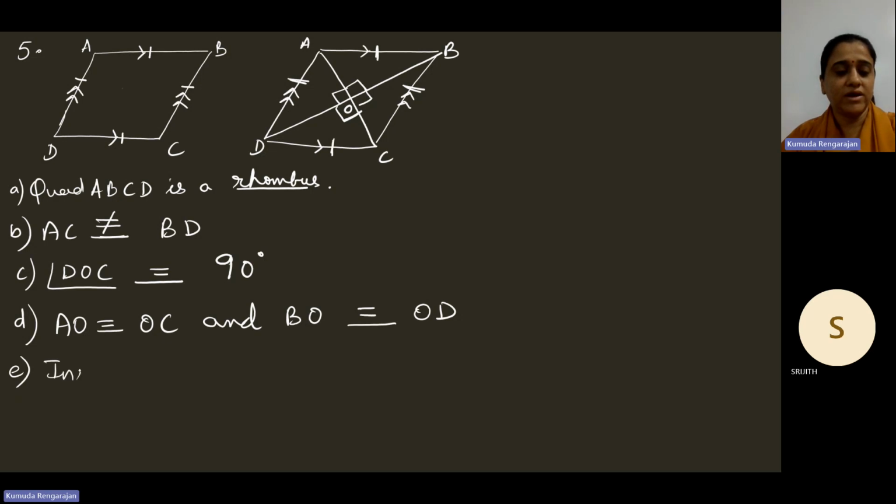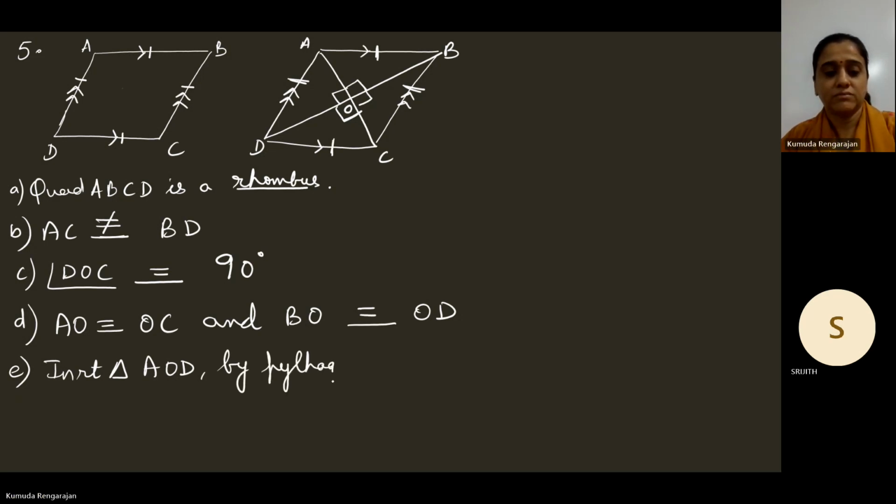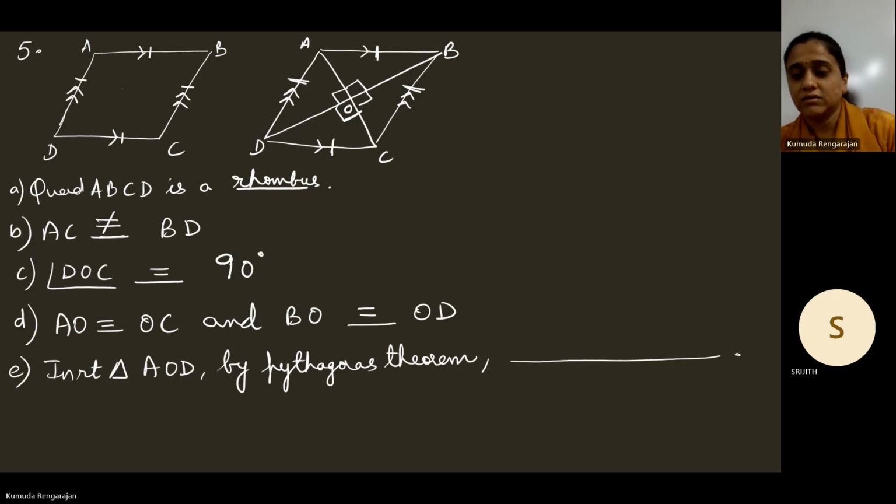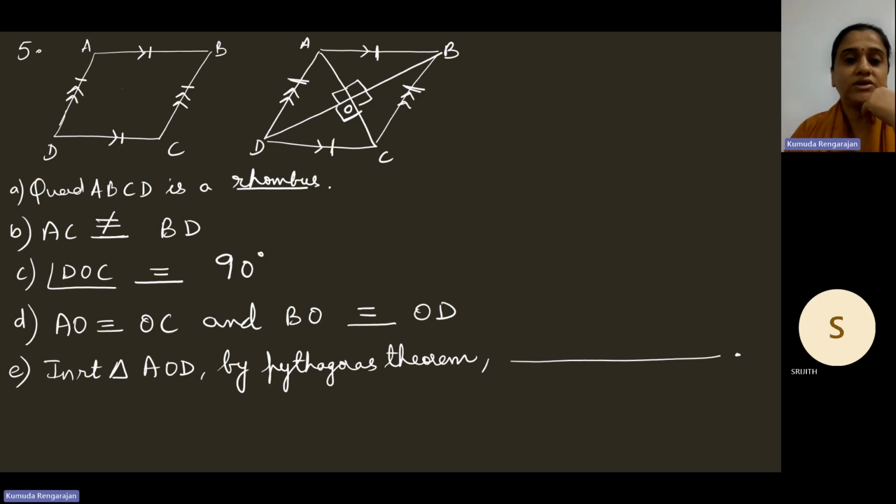Complete this, okay? In right triangle AOD by Pythagoras theorem. I told you, you can write more than one thing in the blank.